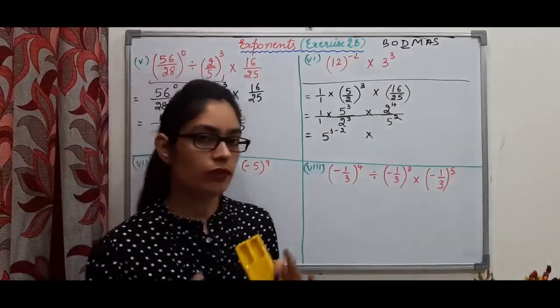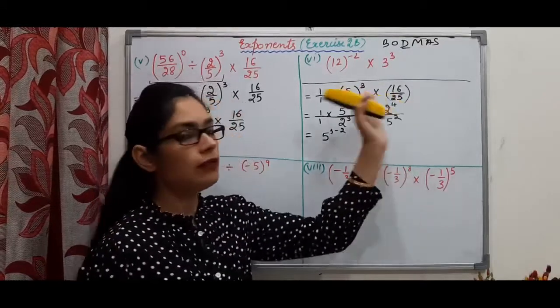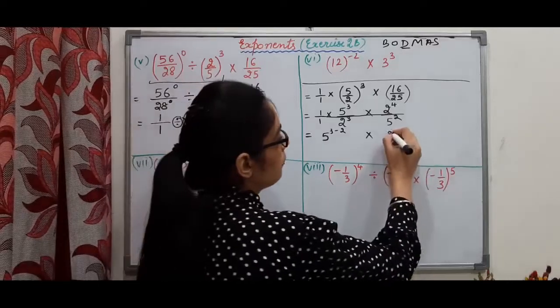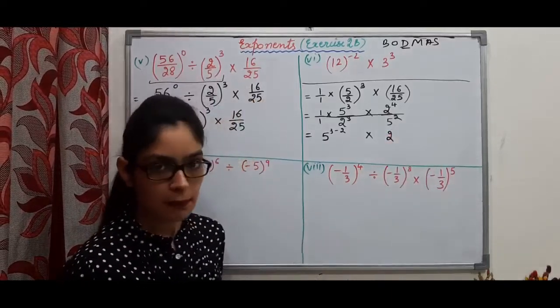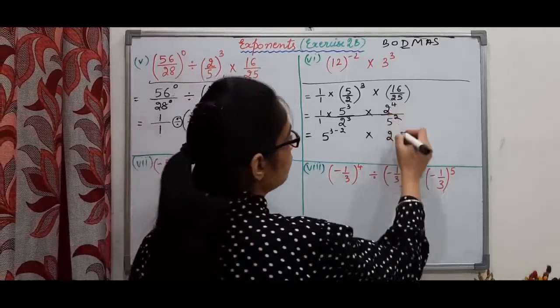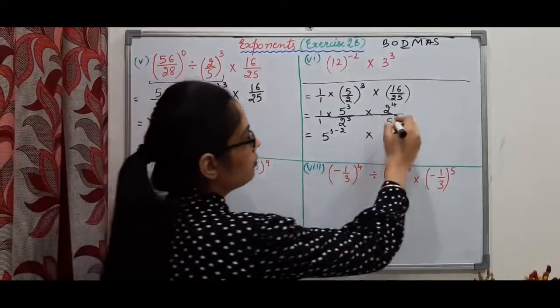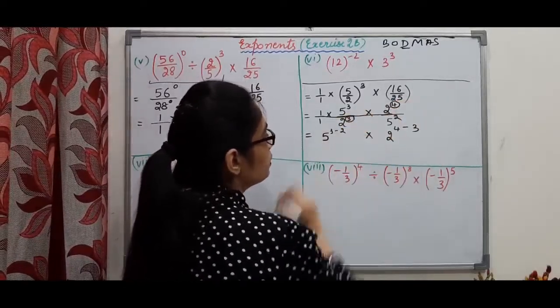See, if both of these are in numerator, then they are getting multiplied, but one is in numerator and the other one is denominator. So that means we have to subtract the powers since bases are same and they are getting divided. So power of the numerator we should write first, then it should be 4 minus 3, because its power is 4, its power is 3.